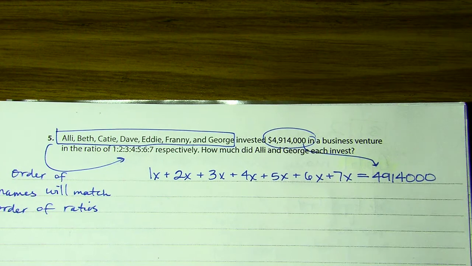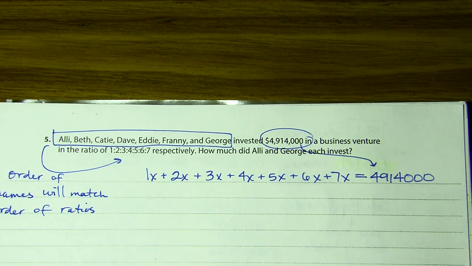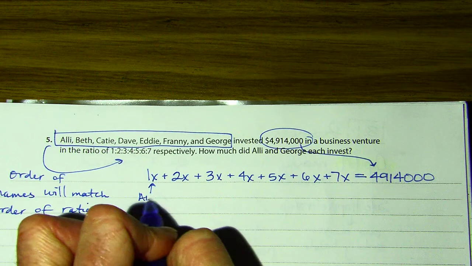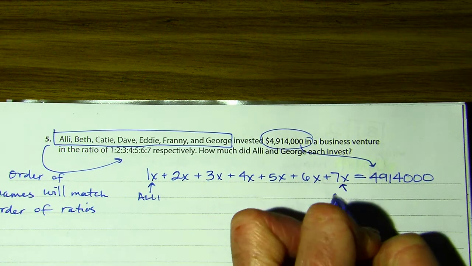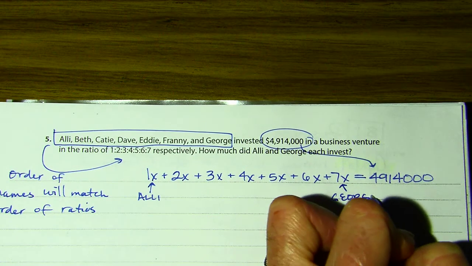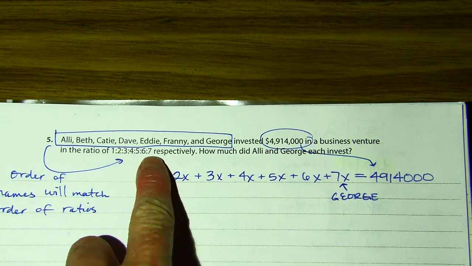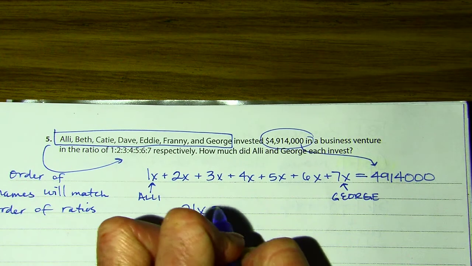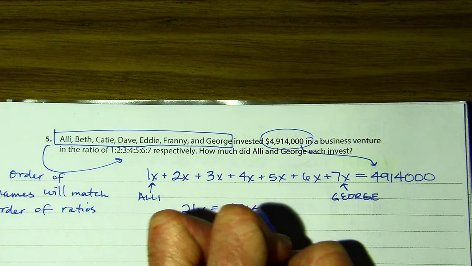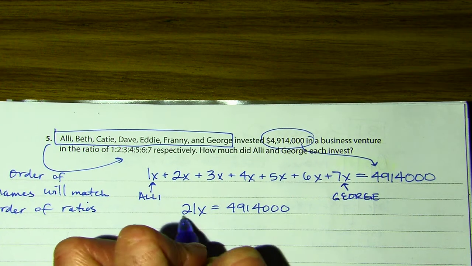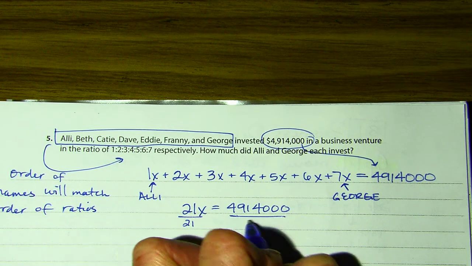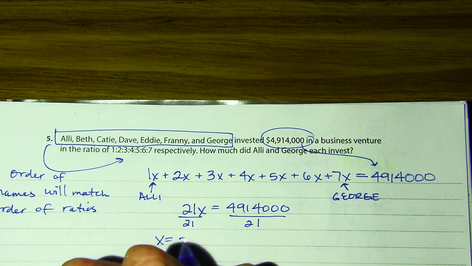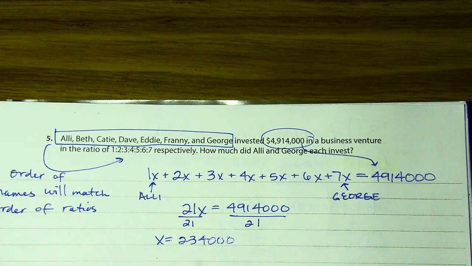4.914 million. I'm going to combine like terms. On the left, note this first is Allie, and this is George, because Allie's first and George is last. So I'm going to combine all of those, and I get 21x equals 4,914,000. I'm going to divide each side by 21, and I get that x equals 234,000.